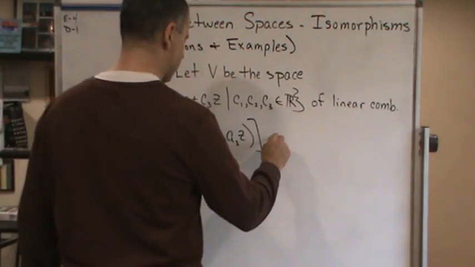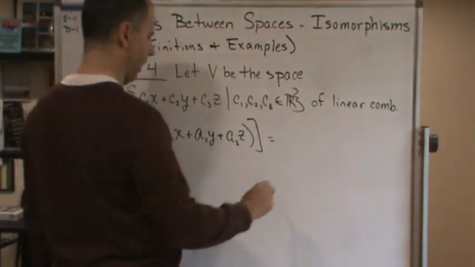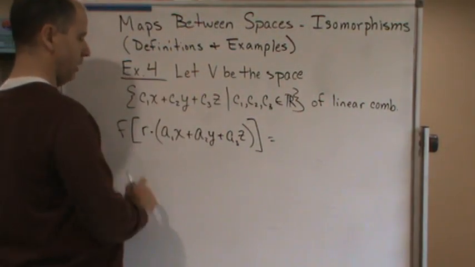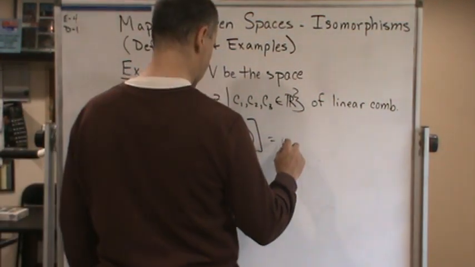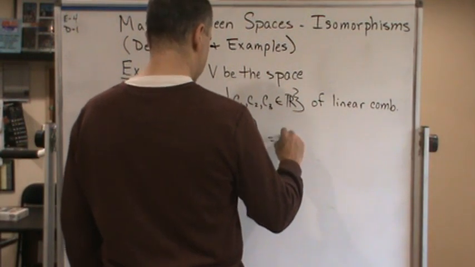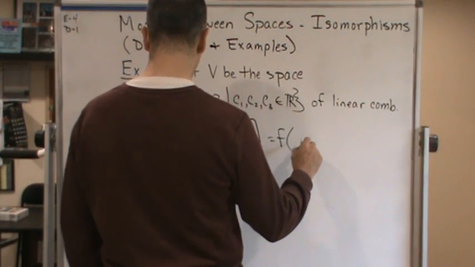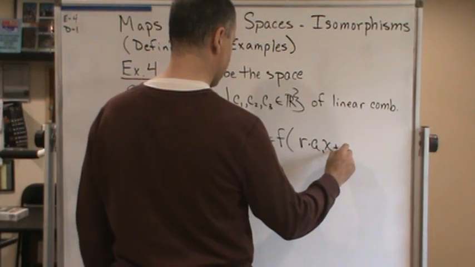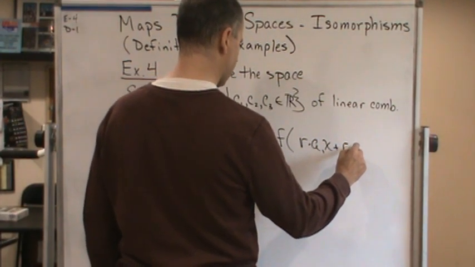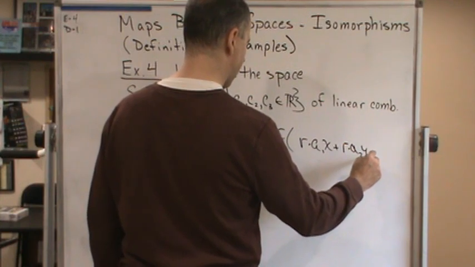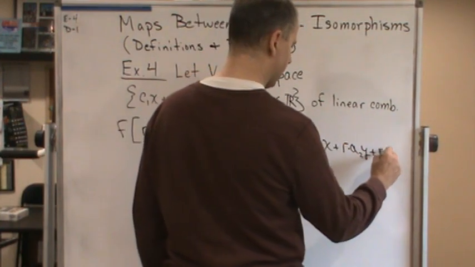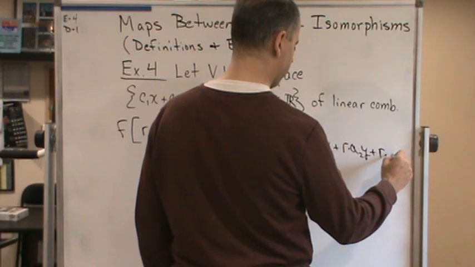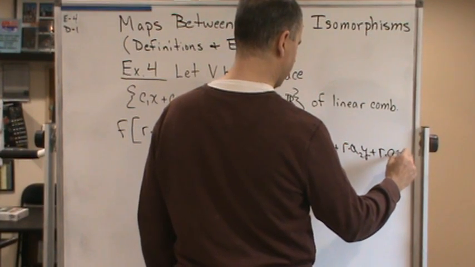And again, I'm just going to distribute the r, and again, this is just for some scalar r in the reals, right? So this is going to be f of r times a1x plus r times a2y plus r times a3z.